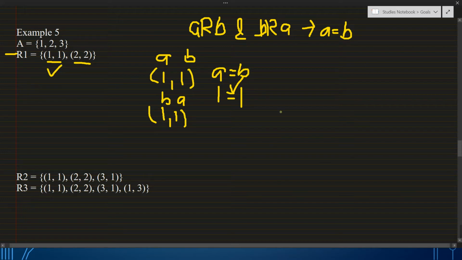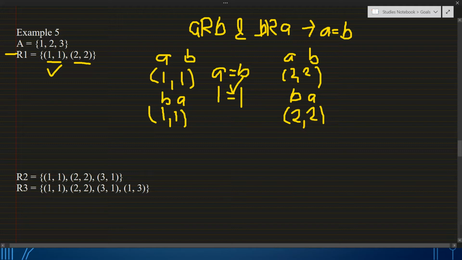Next, (2, 2). I'll put A here, B here. So (2, 2) means A relates B, 2 relates 2. We're already done here. A relates B, so we'll be doing B relates A. B relates A is B, A, which is again (2, 2). So we already have these two.